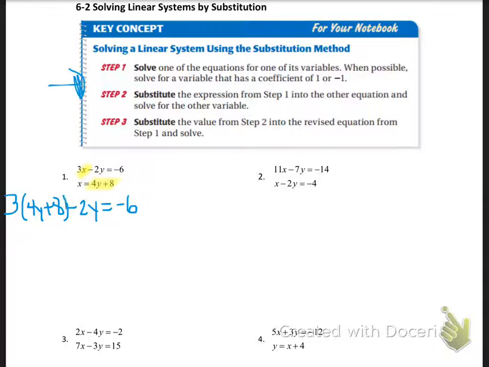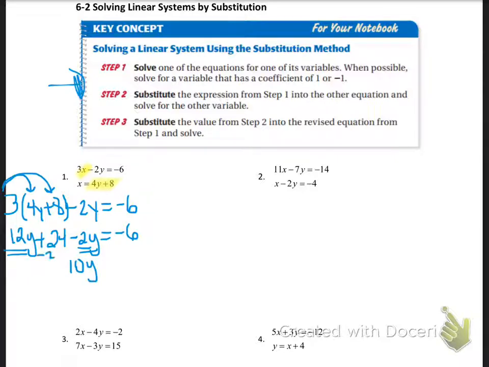So everything else stayed the same. Then take the 3, distribute it inside to both things. So 3 times 4y is 12y, plus 3 times 8 is 24. I still have minus 2y, and I still have -6. On the left-hand side, I need to combine 12y minus 2y, so that's 10y.